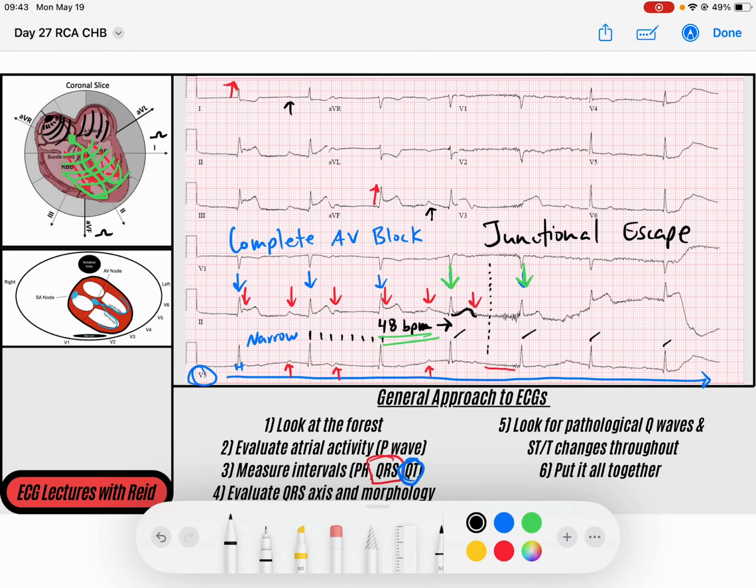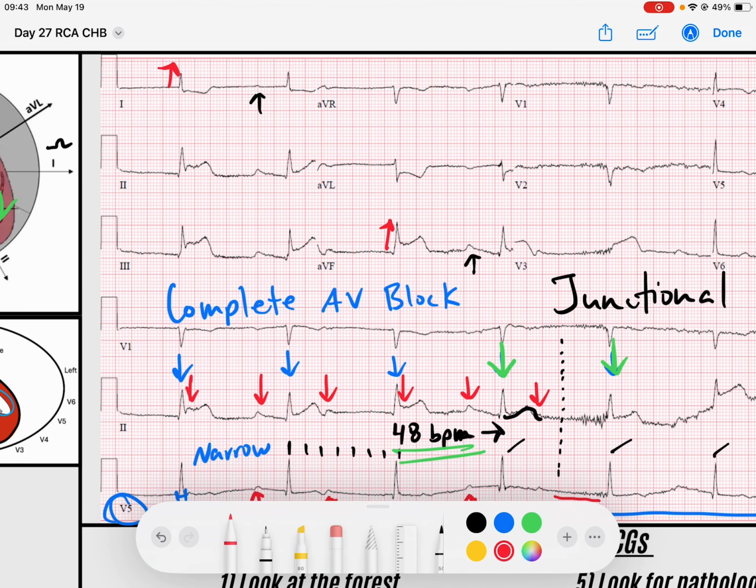interval. Next thing I'm going to do is look for ischemic changes. And the first thing that I notice is in my inferior leads, I appear to have some pretty significant ST segment elevation. So here's my baseline. In lead 2, we've got this ST segment elevation. Lead 3, baseline, ST segment elevation. And lead aVF, ST segment elevation.